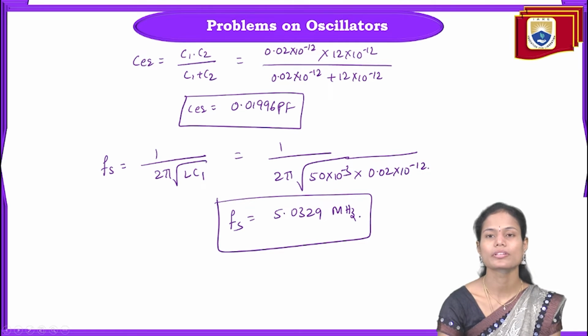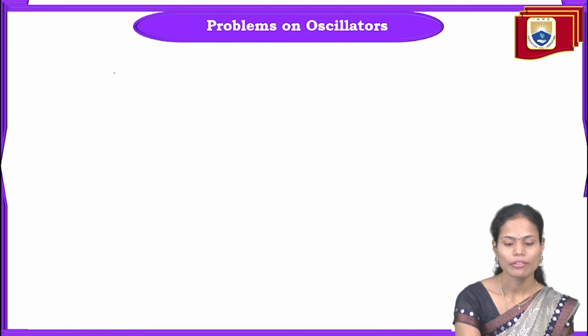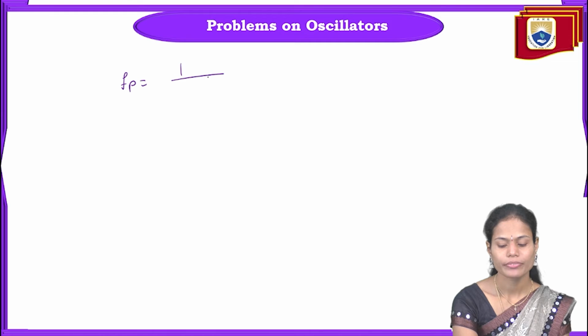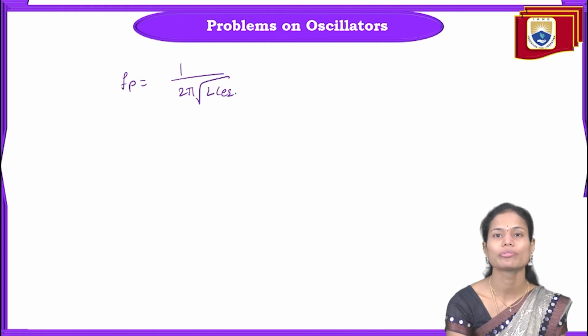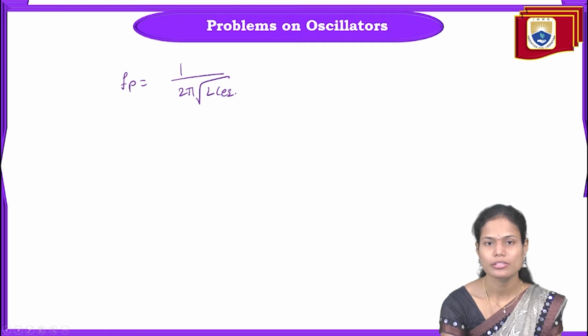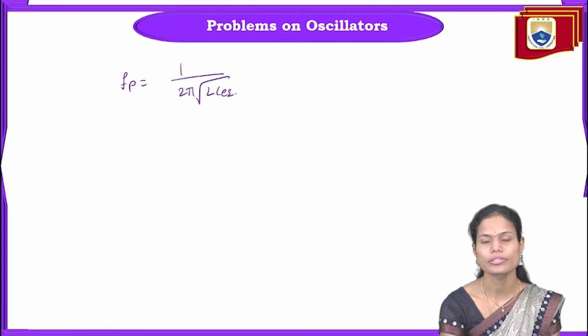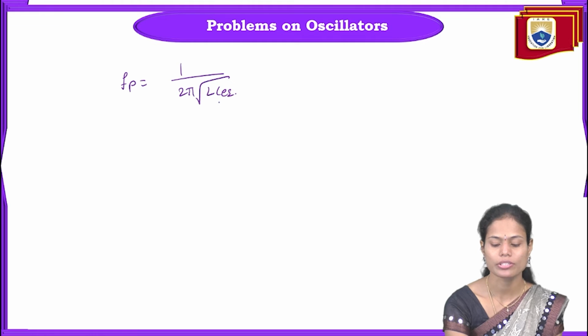This is the series resonant frequency, and similarly we have to calculate the parallel resonant frequency by using 1 by 2 pi under root of L C equivalent we need to take here. To calculate the series resonant frequency C1 we need to consider. To calculate the parallel resonant frequency total capacitance we need to consider here.